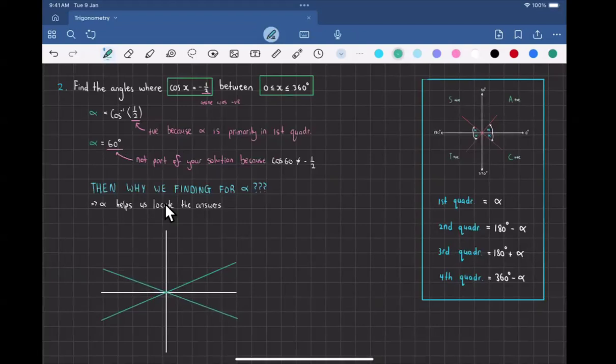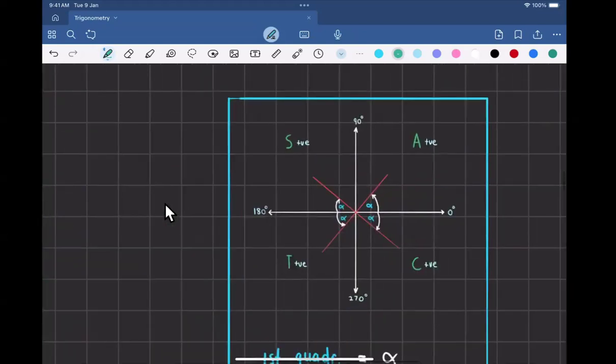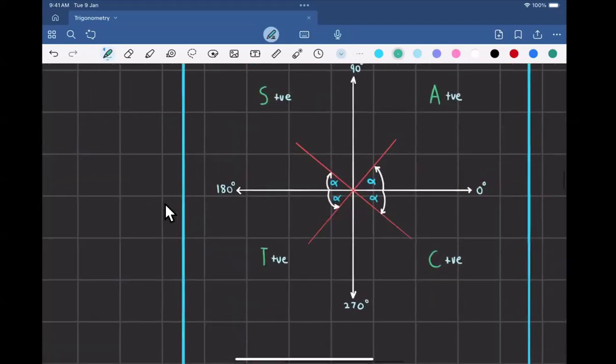So cosine is negative. In which quadrant would cosine be negative? In the first quadrant, everything is positive, so can it be in the first quadrant? No. In the second quadrant, only sine is positive. What does that say about the others? Everything else is negative. So would cosine be negative there?